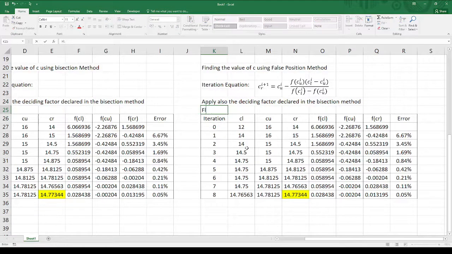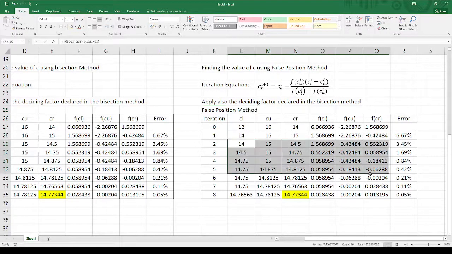So that is false position method. Delete sa ni nato.